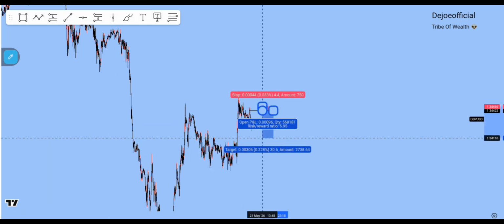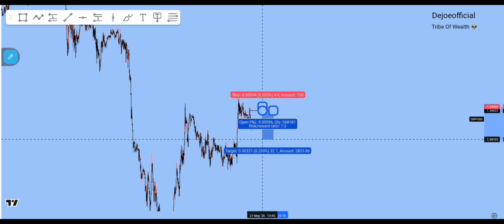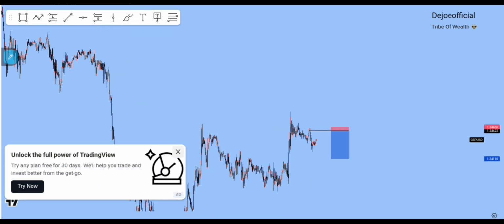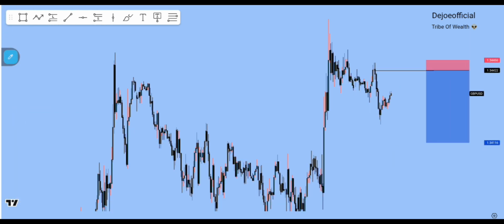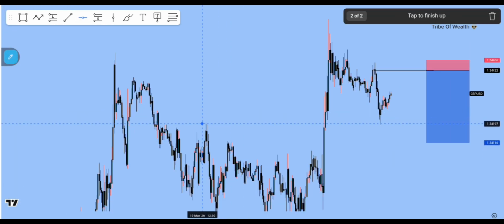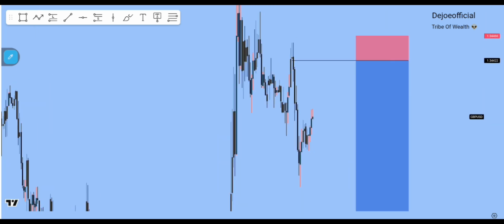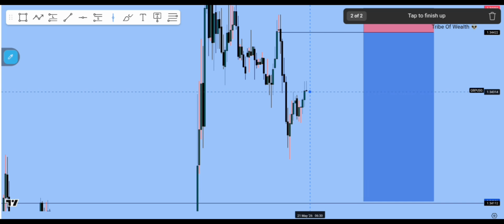Let me look for my nearest liquidity. At least target this area, because this area may actually push price. Yeah, so here will be my target.